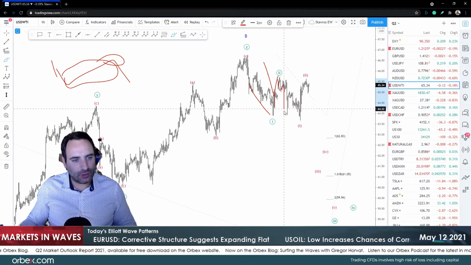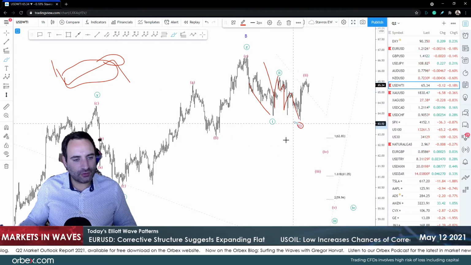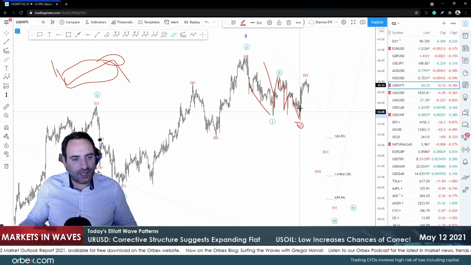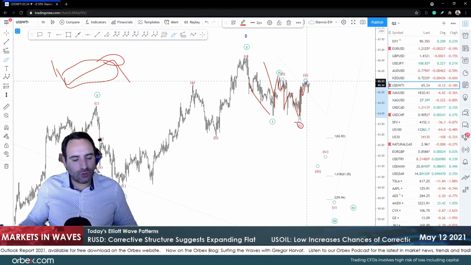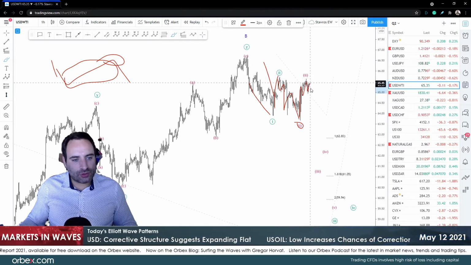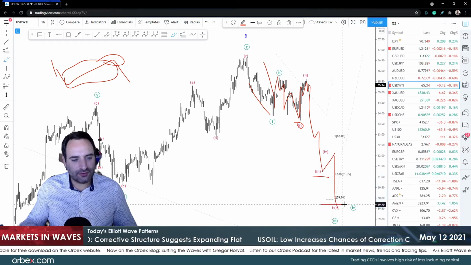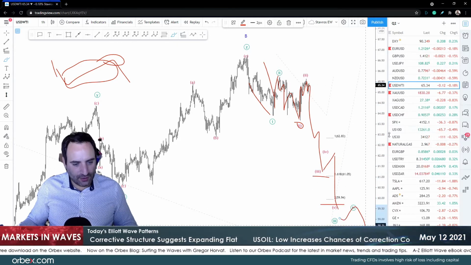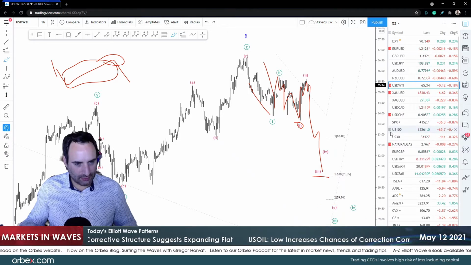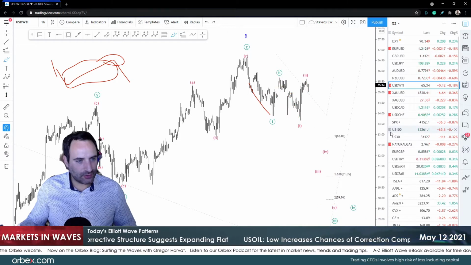And now we've got 1, 2, 3, 4, and 5, a clear 5-wave move. And that's wave 1. And that to me is wave 2. So either we're going to go 1, 2, 3, 4, 5, we're going to get a 3, a 4 and a 5. And then 3, 4, and 5, as I said in the previous sessions as well, we're looking for below 60.